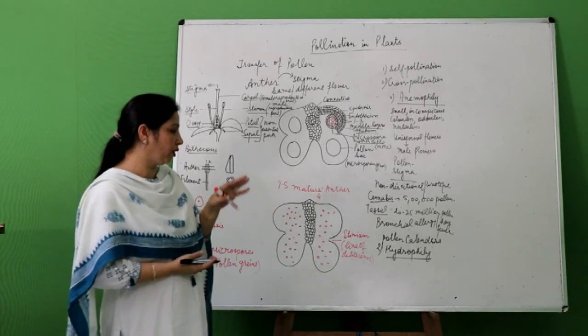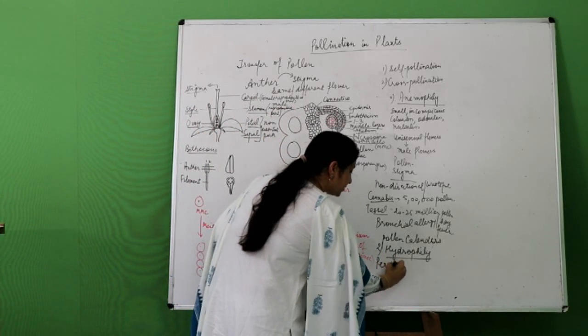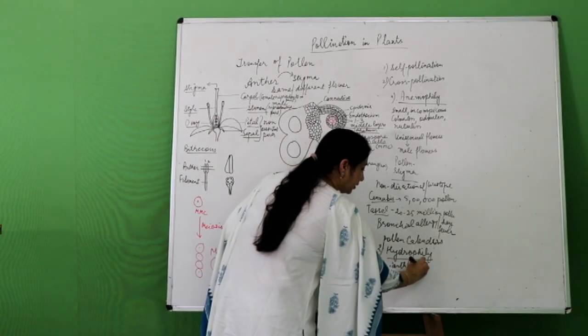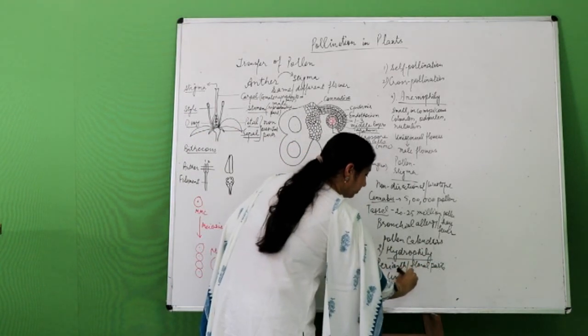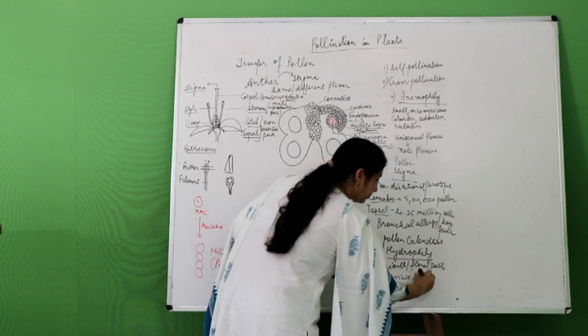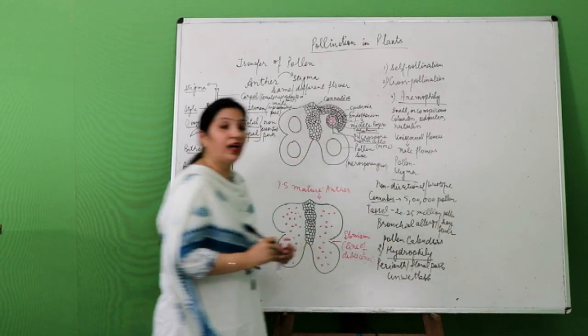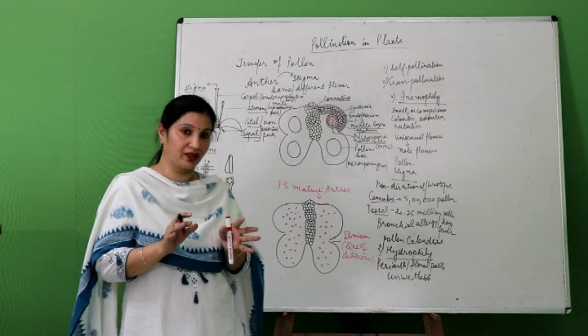And one of the most important features is that the perianth or the other floral parts are unwettable. Now that is very important. They are unwettable so that they don't disintegrate inside water or desiccate in water.